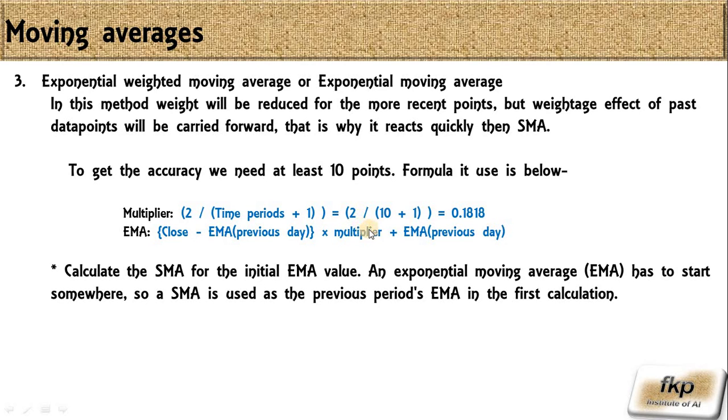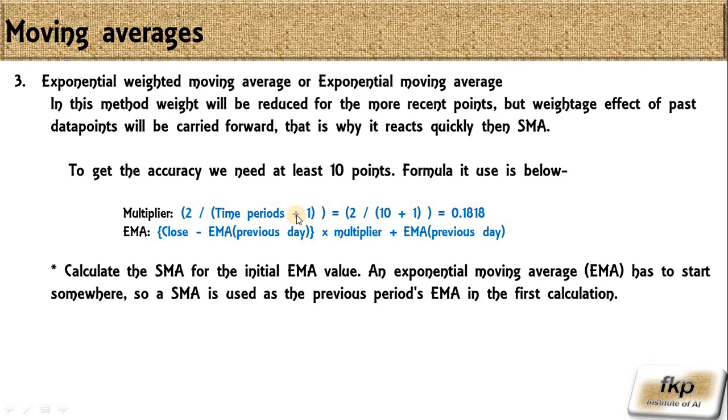Think that we are at the 10th point. So 10 plus 1, 2 divided by 11 gives 0.1818. This is the multiplier at point number 10. When you look at data point 9, it will be 2 by 10, because we are adding 1. At the 8th point, 2 by 9.